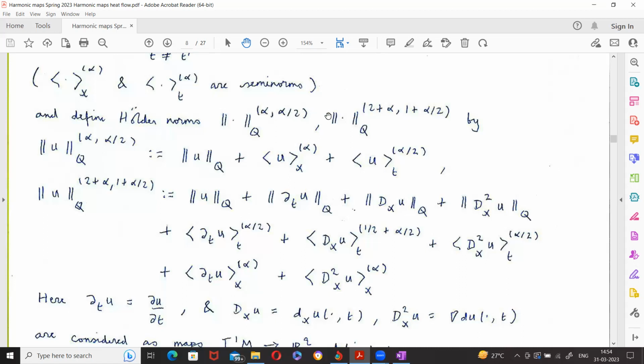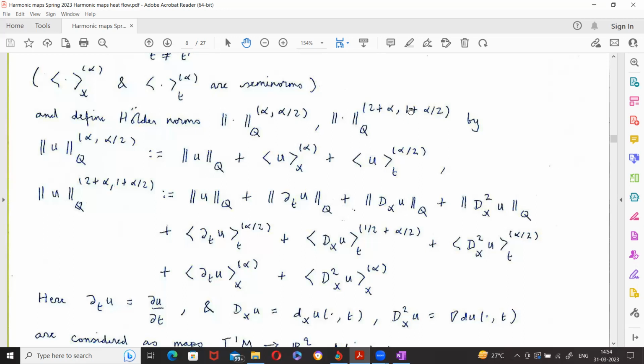And similarly, we will look at a norm C^{2+alpha} and C^{1+alpha/2}. So 2 plus alpha means 2 space derivatives and the second derivatives are alpha Holder. Okay, the second derivatives in the space variable are alpha Holder, whereas 1 plus alpha by 2 means one time derivative, and that time derivative is alpha by 2 Holder. Okay, so that's what this notation means.